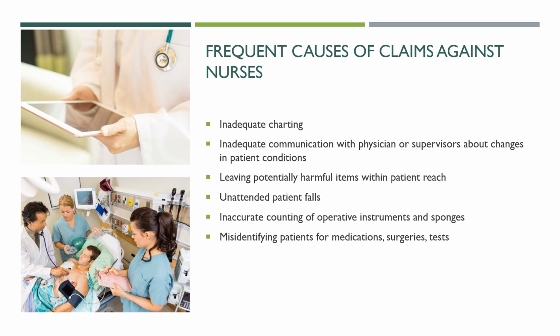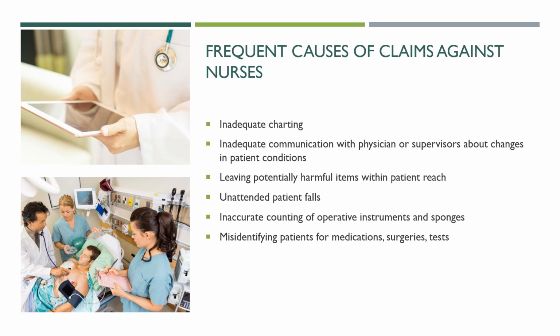Leaving potentially harmful items within patient reach. I think the biggest thing would be a needle stick, right? You give an injection, you put the needle next to the bedside, and somebody picks it up, a family member or the patient, and it becomes a potentially harmful item. Unattended patient falls, inaccurate counting of operative instruments and sponges, right?